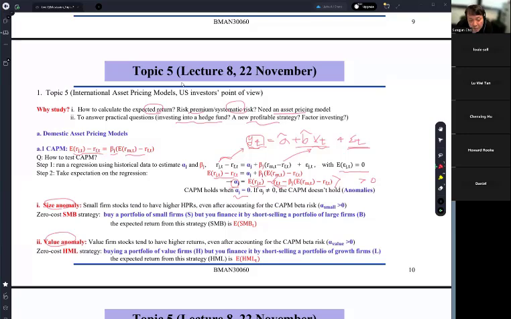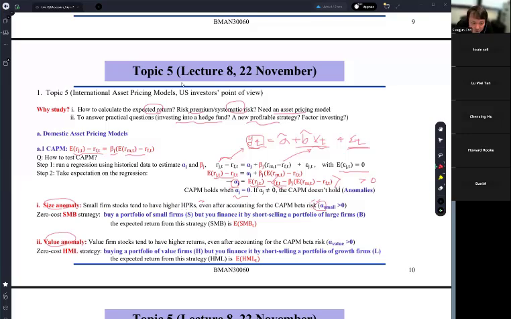So what is a size anomaly? If you invest into a group of small firms, small firm stocks tended to have higher holding period returns, even after accounting for the CAPM beta risk. This part is important. This is not about earning a positive return from investing into small firms. It's about the alpha.